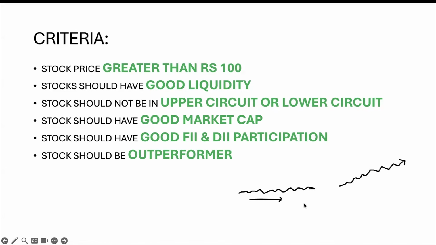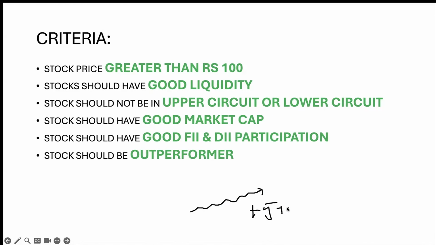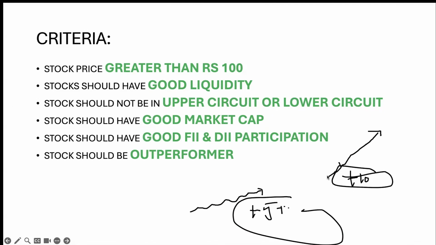Or sometimes you will see that Nifty is in bullish mode, maybe in the last 15 days Nifty has gone 5% up, but some stocks have gone almost 10-15%. That is also called outperforming.